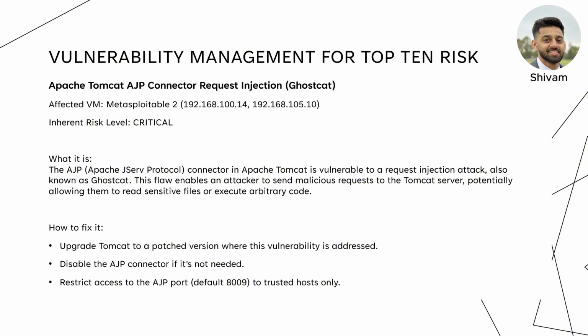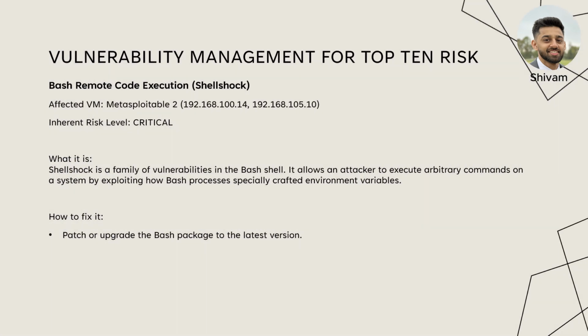To further safeguard our system, we will also restrict access to the AJP port 8009 to trusted hosts only. With the vulnerability identified, the overall change to the risk in our network will remain at critical until the vulnerability has been addressed.